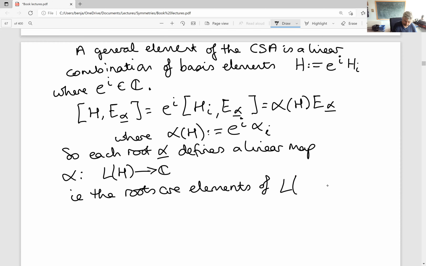I'm going to call that L_H star, the dual of the Cartan subalgebra. It turns out that the roots are non-degenerate.